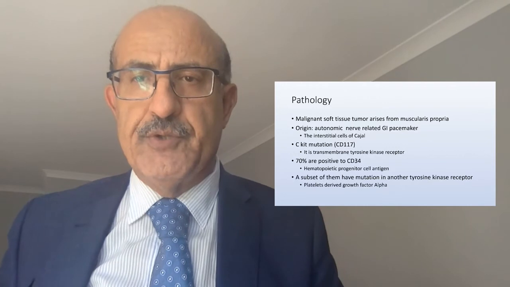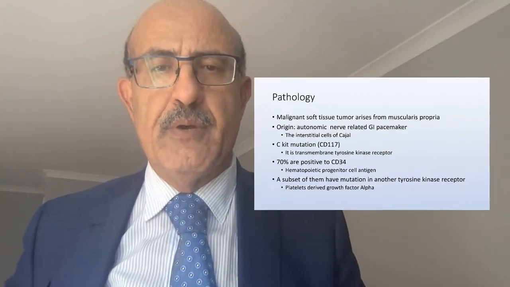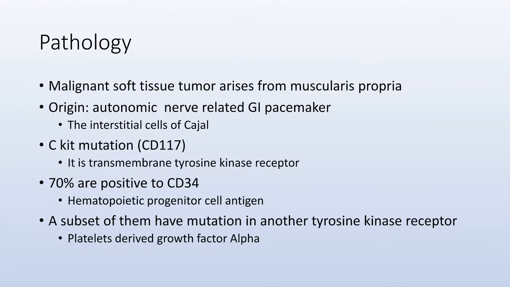Now, we do need to understand the pathology of these tumors. As I said, they were considered to be a leiomyosarcoma, which means a malignant tumor arising from the muscle wall of the stomach, or muscularis propria. They still arise there, that's their site of origin, but they are not malignant cells of the muscles themselves.